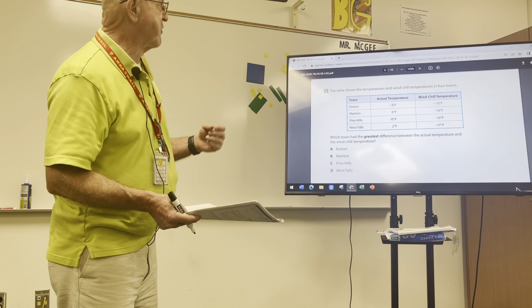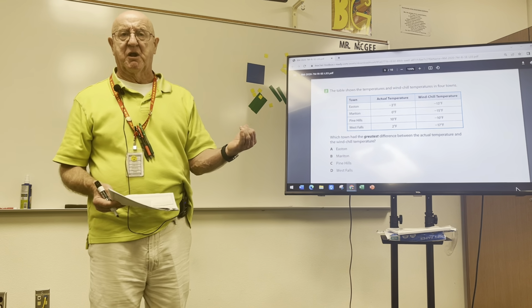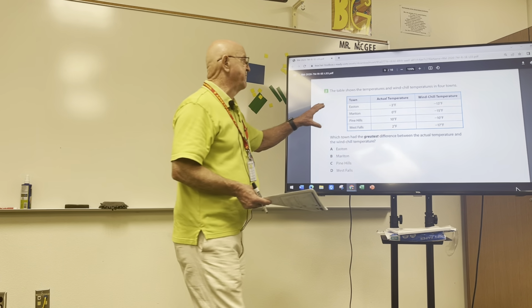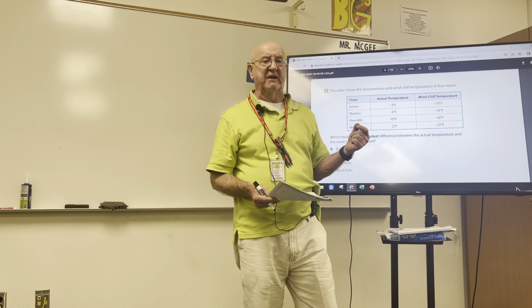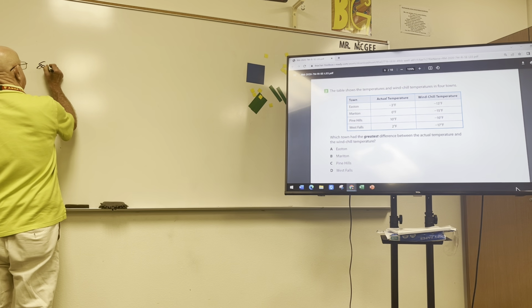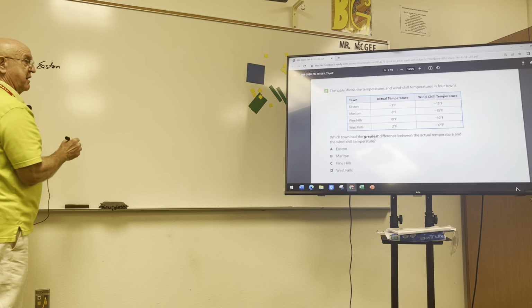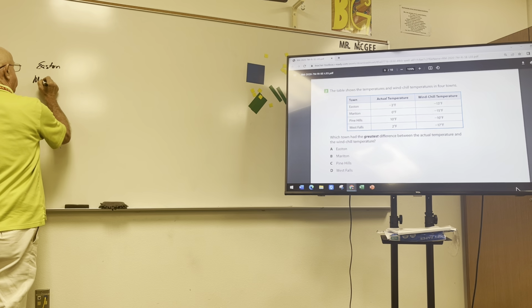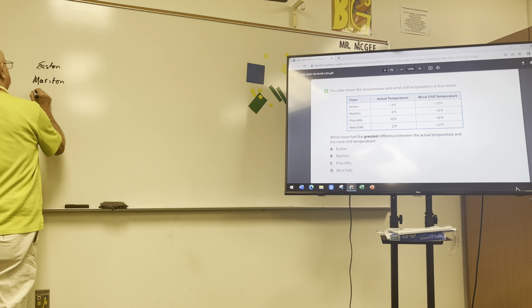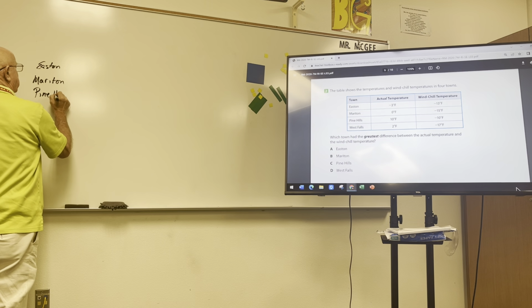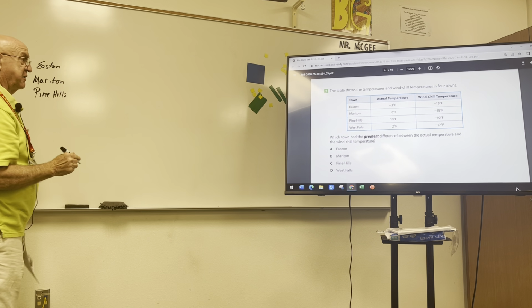Now, if you think about a thermometer like a number line, how do you find the difference between 2 numbers on a number line? Well, we subtract. We take the absolute value of the difference. So for Easton, let's write it up here, Easton, and then Meriton, then Pine Hills, and then West Falls.